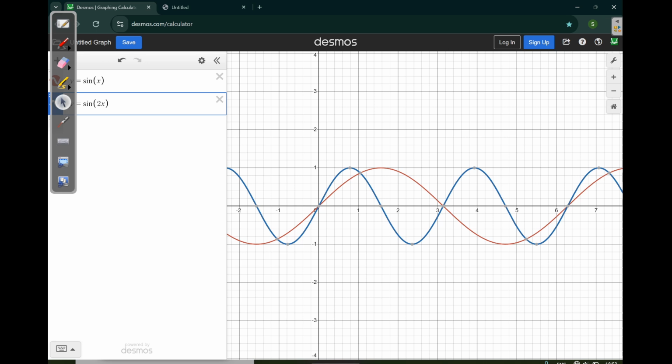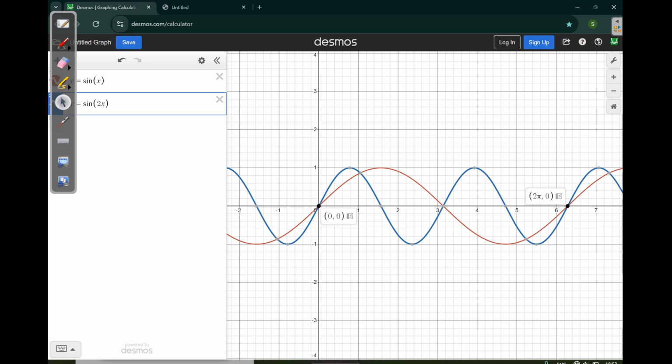The red one repeats itself after 2 pi. You see the 2 pi? But the blue one repeats itself after pi. So because of that, the x coordinates have now divided by 2.